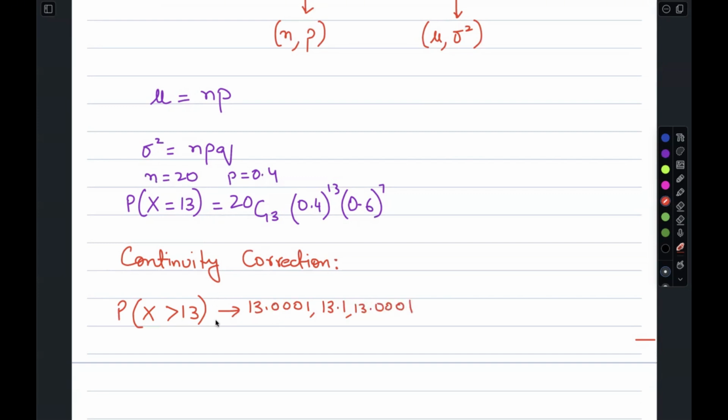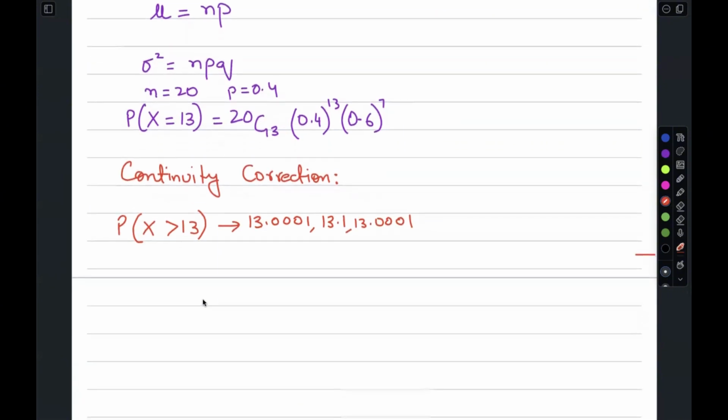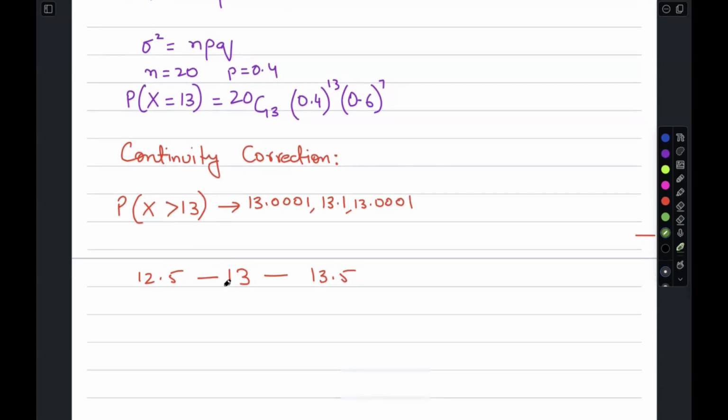So to simplify this, we treat a number like 13 as in between 12.5 and 13.5. Now if it is greater than 13, it means that 13 is not included. So in place of x, the x value will be taken as 13.5.